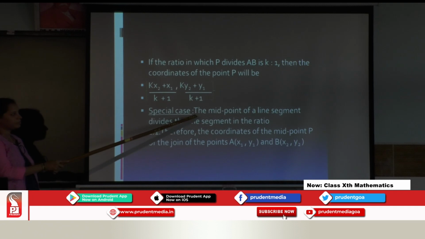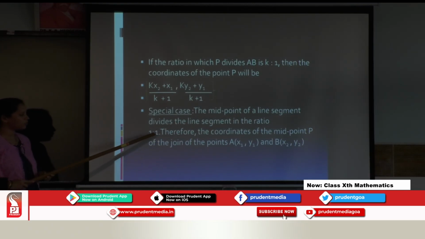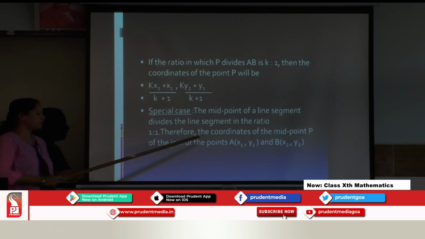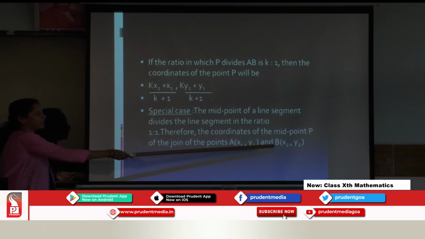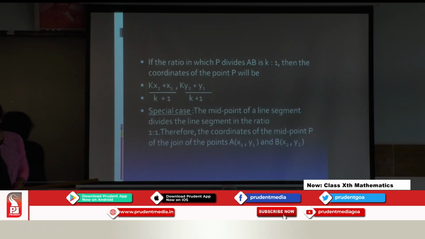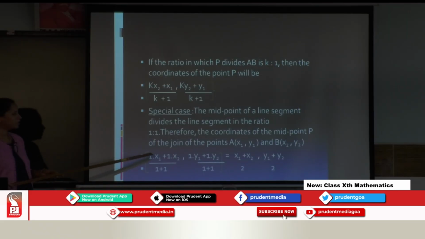In a special case, the midpoint of the line segment divides the line segment in the ratio 1 is to 1. Therefore, the coordinates of the midpoint P of the join of the points A X1 comma Y1 and B X2 comma Y2 is given by, in place of k we have to use 1.